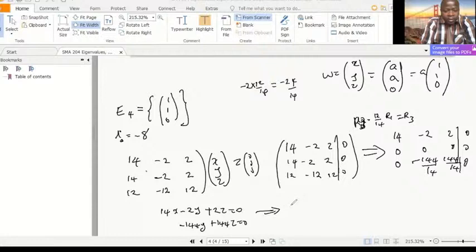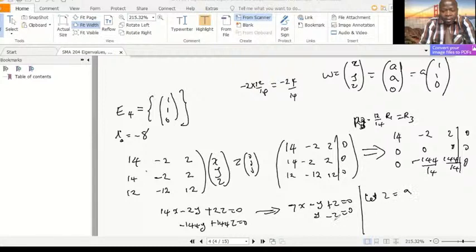In fact, these equations can be factorized. Divide the first one by 2 to get 7x minus y plus z giving us 0. And the other one divided by negative 144 to get y minus z is 0. Now here I can see that only z is a free variable. So let z be a.